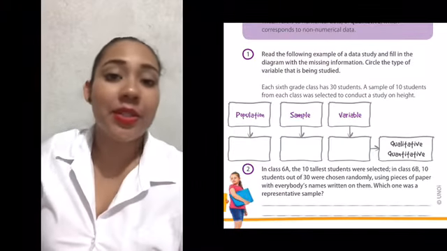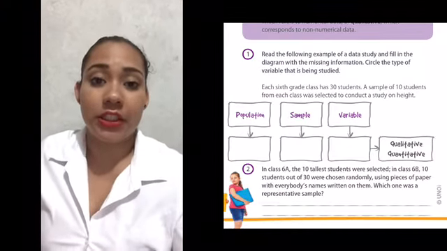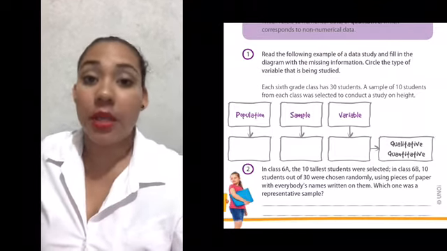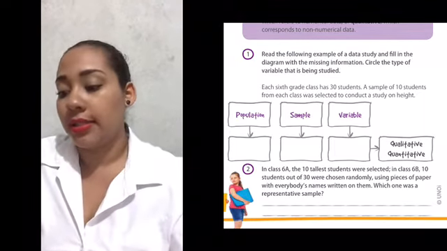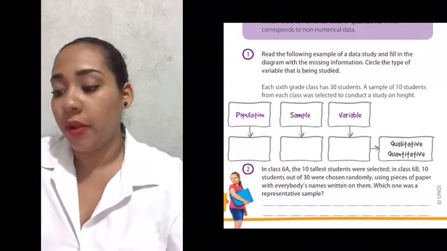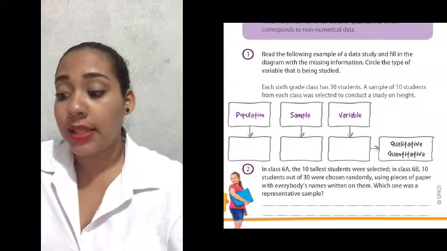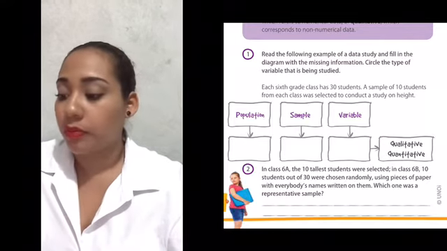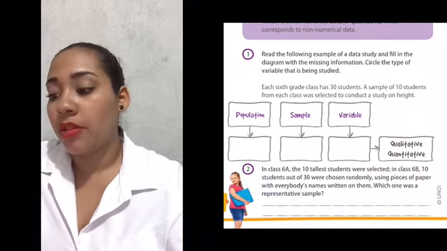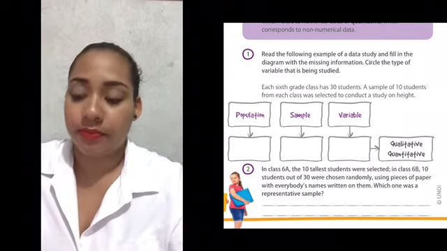So now let's start with activity number 1 from page 96. Let's read it together. It says, read the following example of the data study and fill in the diagram with the missing information. Circle the type of variable that is being studied.